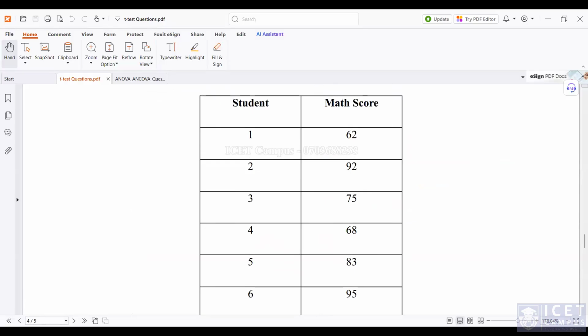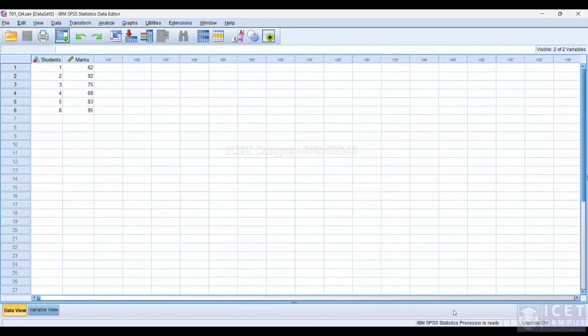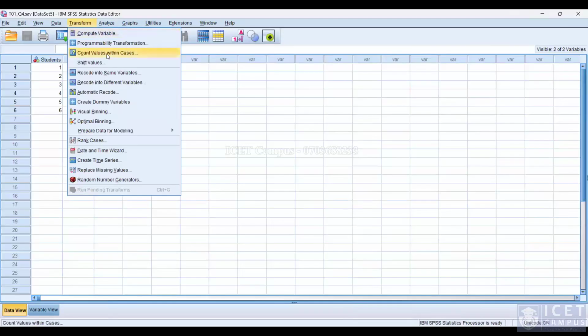There are 6 numbers and marks. Student number and marks.